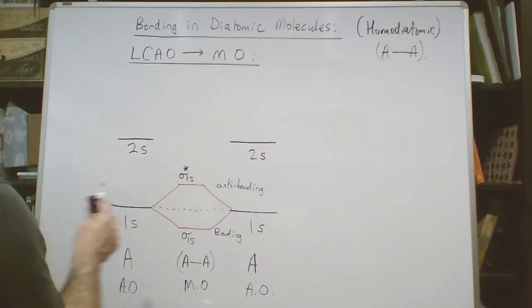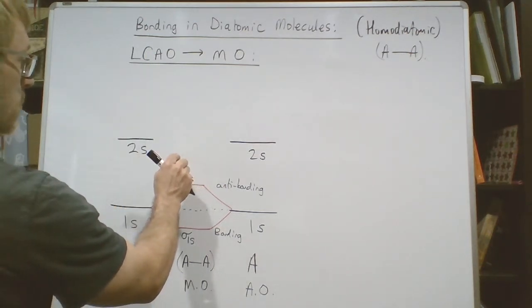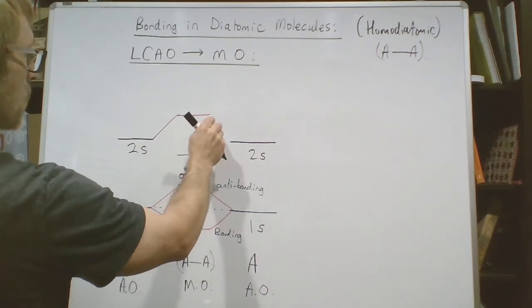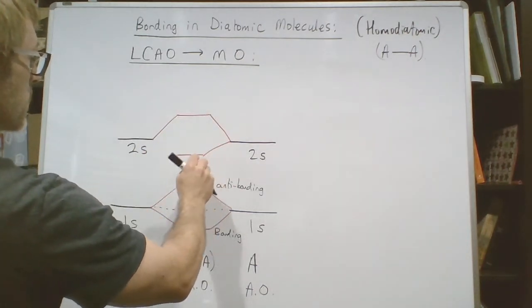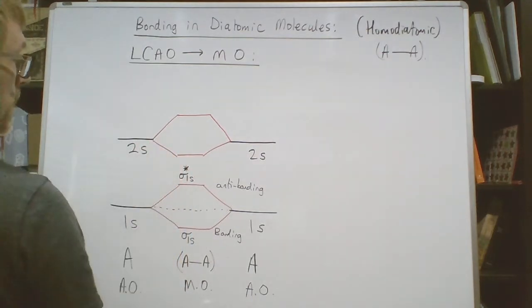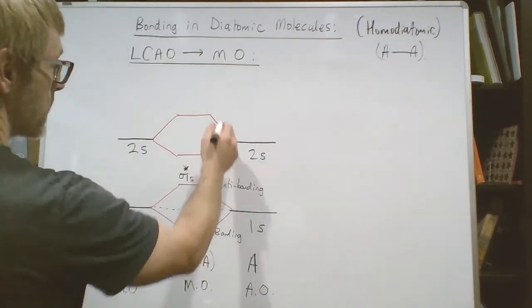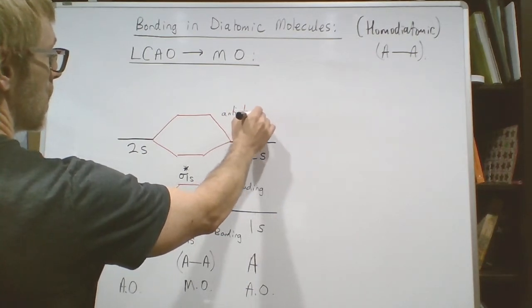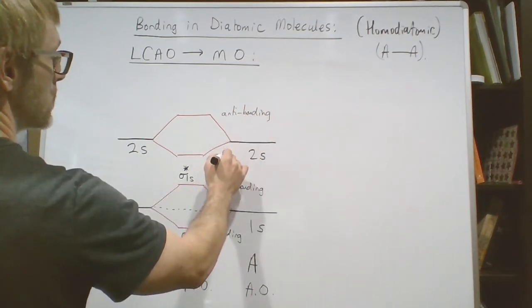Likewise, I can take my 2s and I would form, from a linear combination, two molecular orbitals. In this case, I would form, again, anti-bonding and bonding.